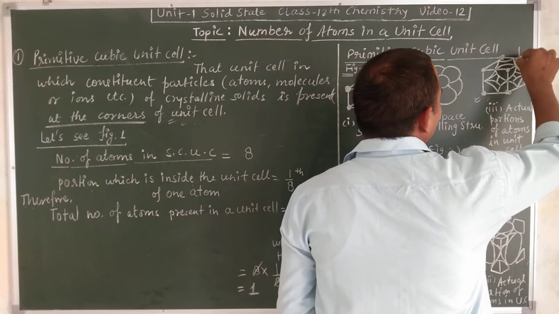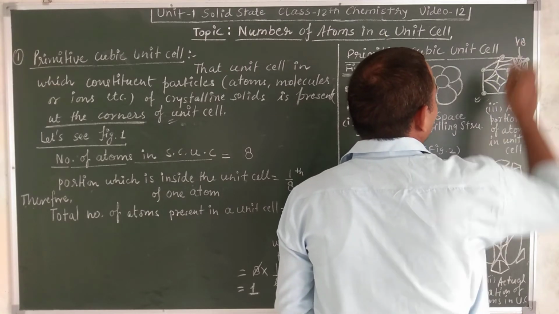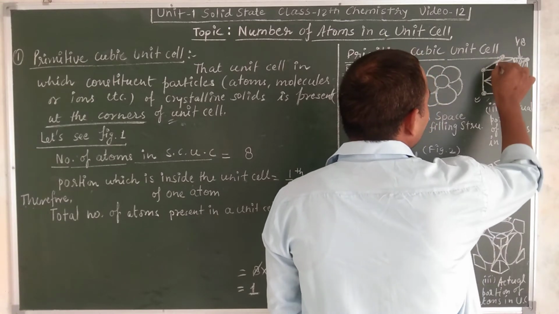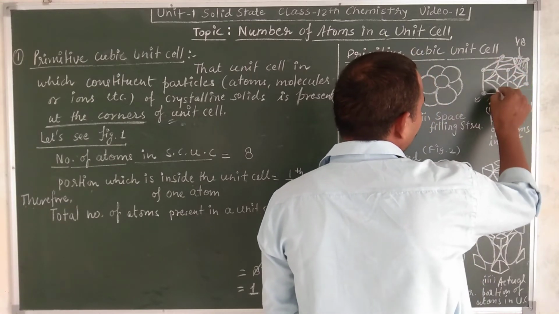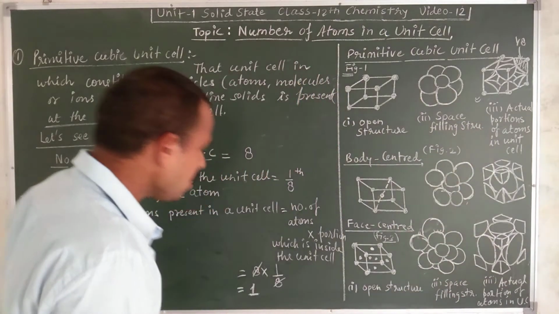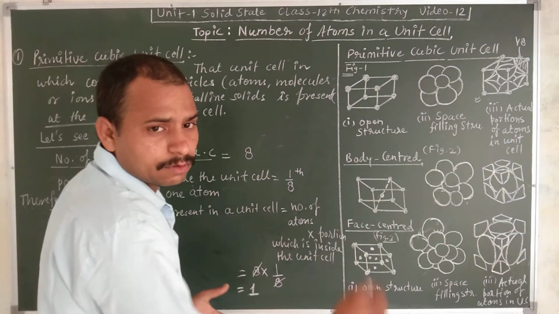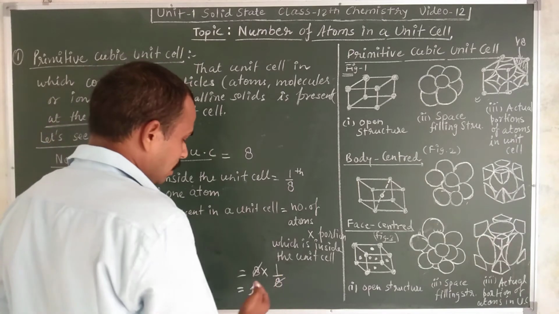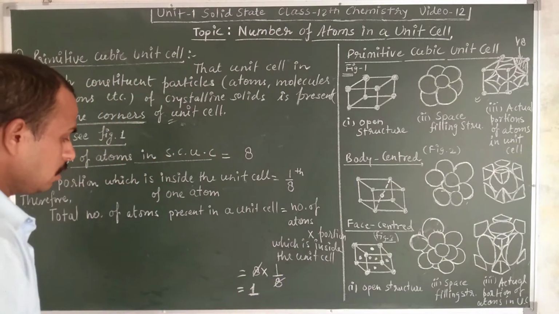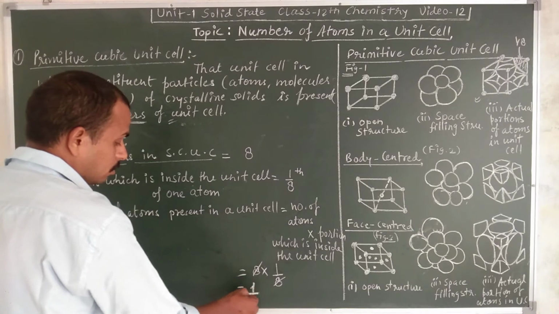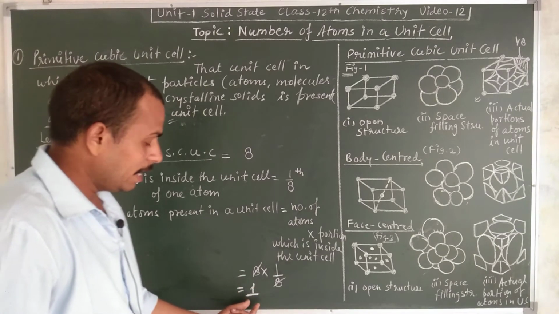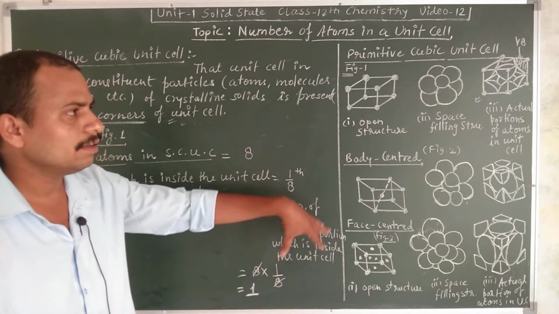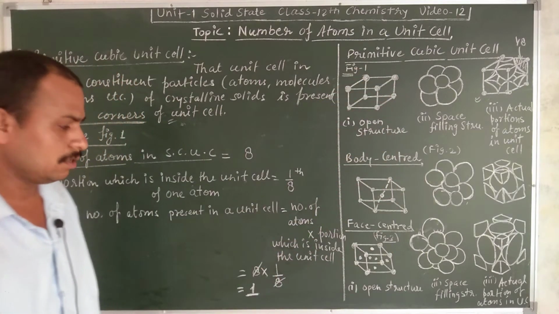This is 1/8 part. So this is all 1/8, 1/8, 1/8. So whole 1/8 plus 1/8 plus 1/8, how many times? 8 times. So the answer is 1 atom. So this is the total number of atoms present inside the primitive unit cell.